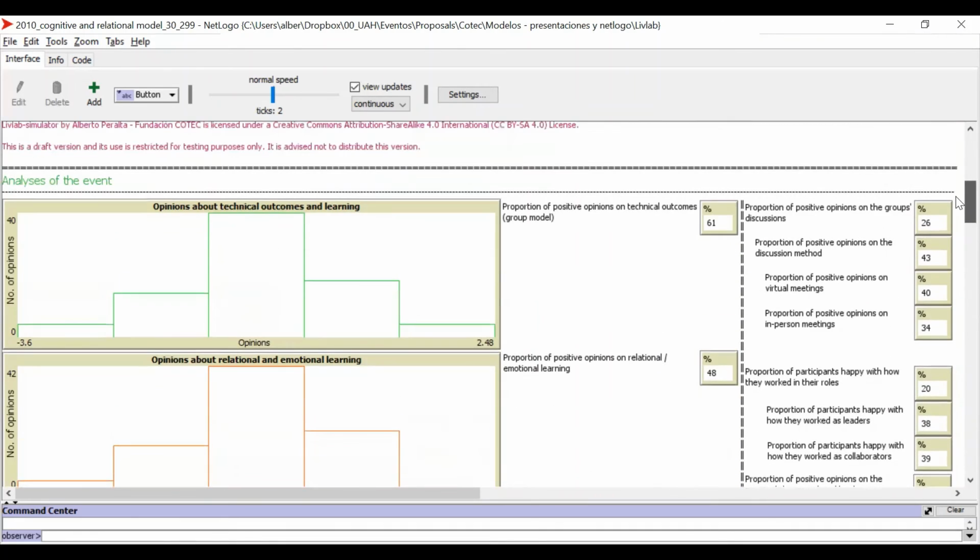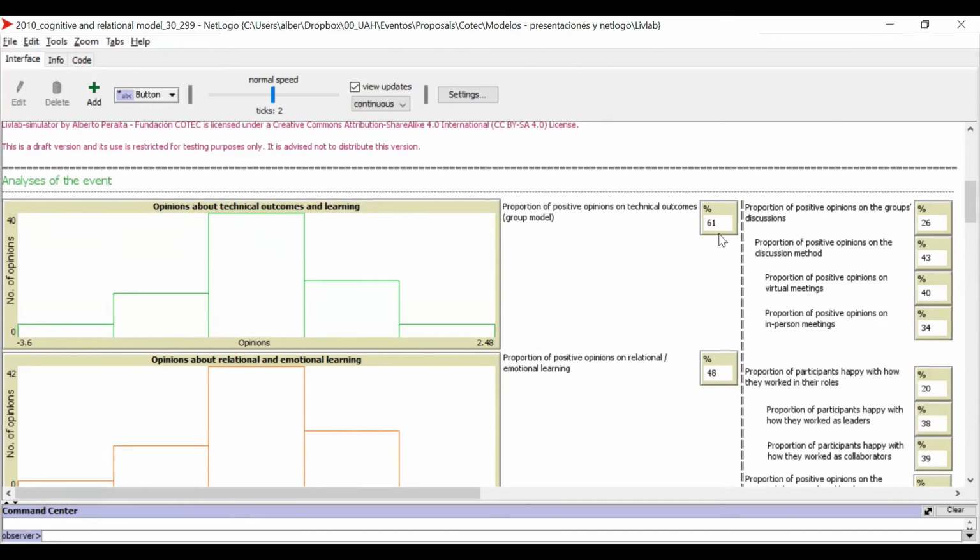Other information that we get from the event, and this is obviously a very general view, is, for example, the percentage of positive opinions on the technical outcome, the prototypes that they developed.